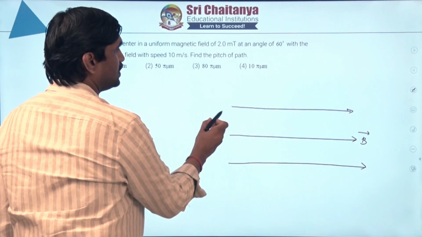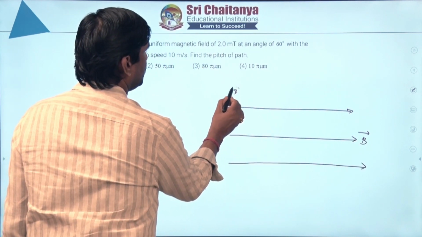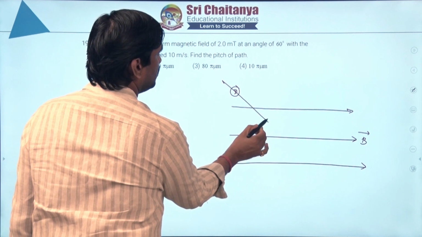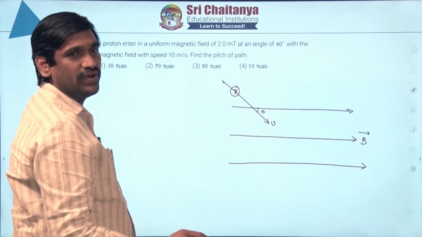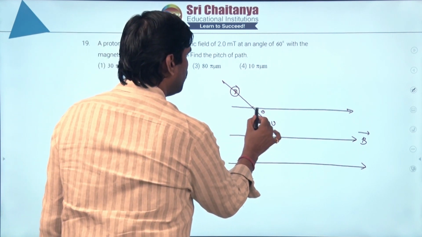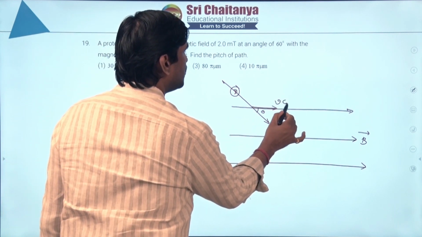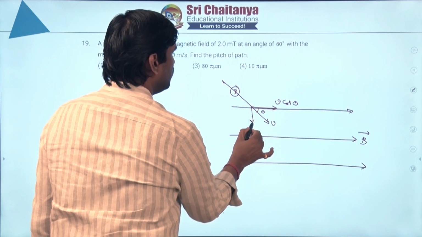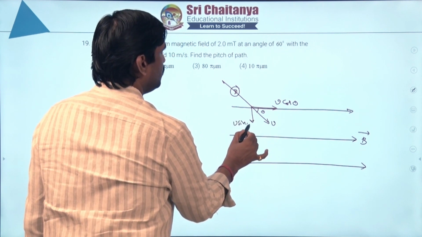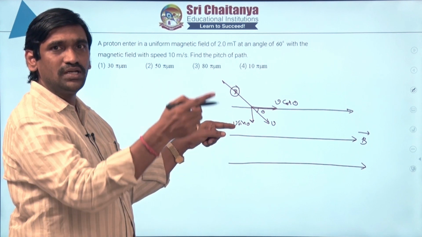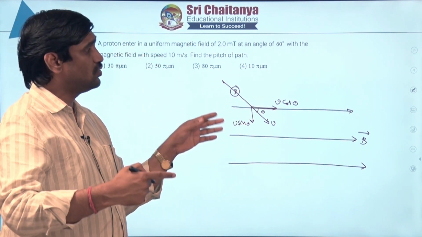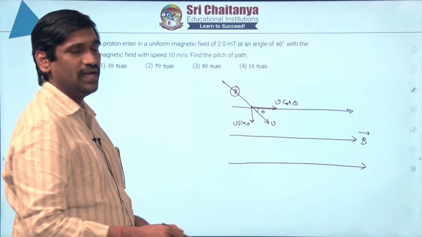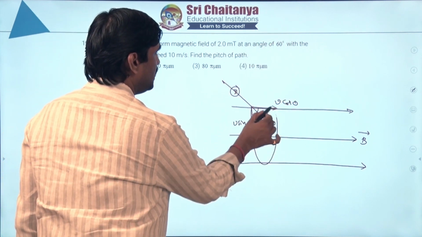Now, a charged particle entered into it with velocity v, making an angle theta with the direction of field. Then the component v cos theta, whereas component v sin theta. V sin theta makes the particle move in a circular path, whereas v cos theta makes the particle move along the direction of field. As a result, it moves in helical path.